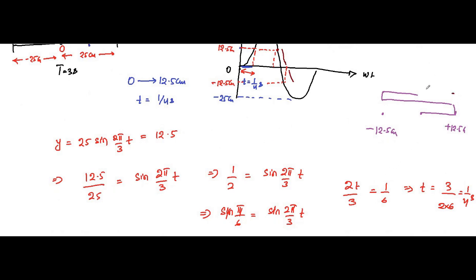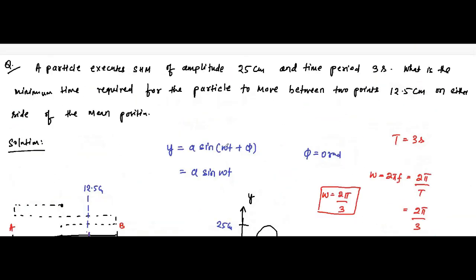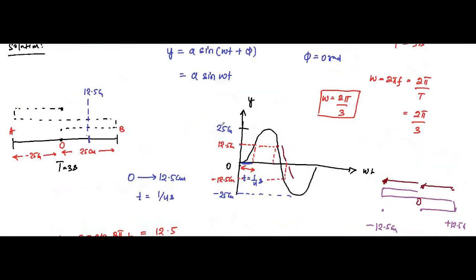For this SHM motion between the two extremes of minus 25 centimeter and plus 25 centimeter, how much minimum time will it take to move from 12.5 to minus 12.5?